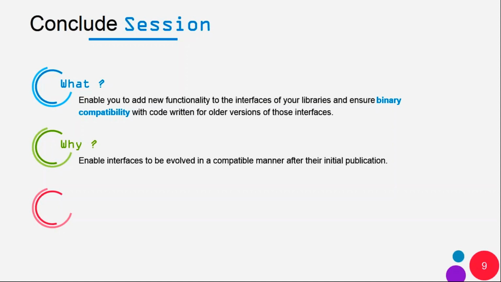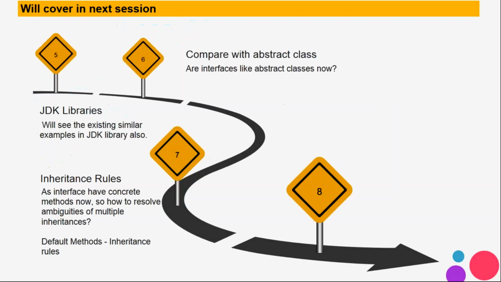So these two questions we have thoroughly seen along with this class, and other than that we have seen the real world use case also. So guys, there are still plenty of things left with respect to the default and static methods in interface.